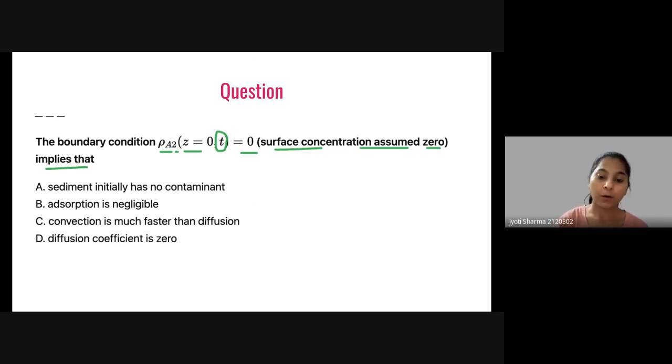So here, what we can say is that convective is much faster than diffusion, and let me explain why. So till now, what we have learned is that, again, I'm drawing the same. So this is sediment and this is water, and your A is moving from sediment to water.